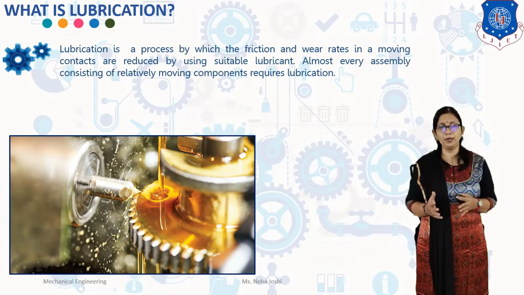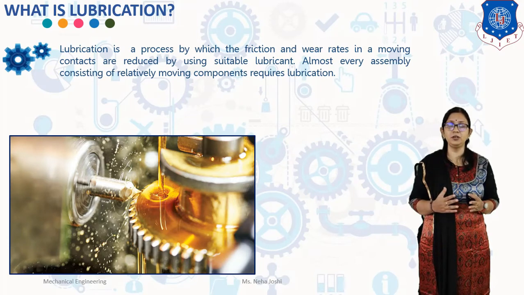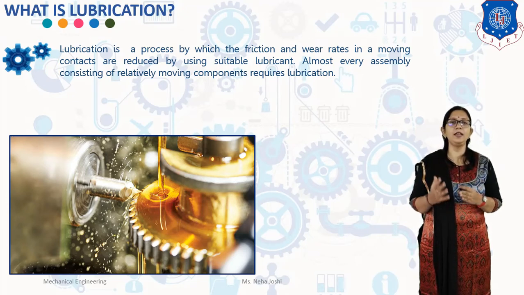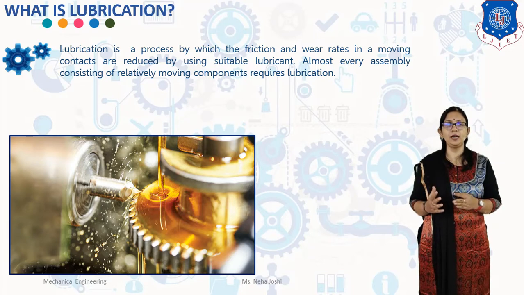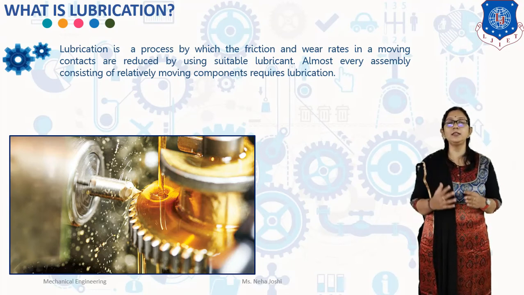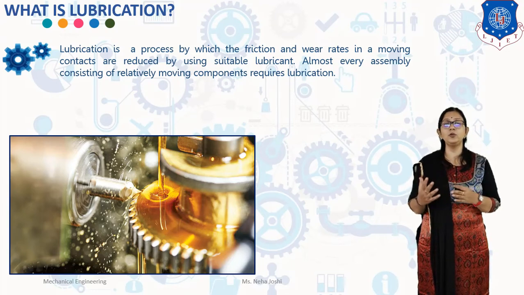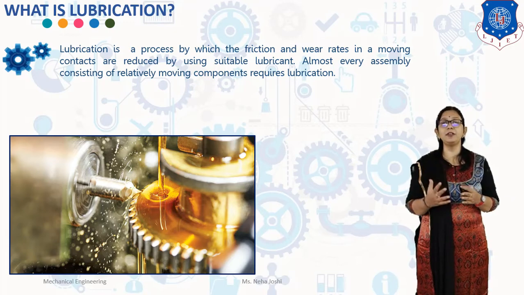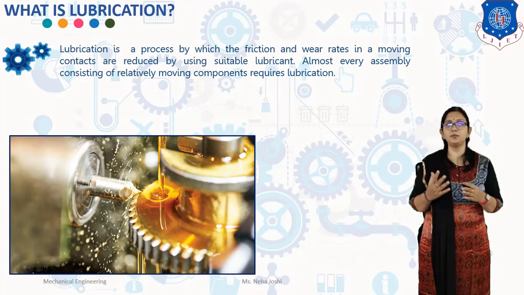Lubrication is a property by which the friction and wear rates in a moving contact are reduced by using a suitable lubricant. Almost every assembly consisting of relatively moving components requires lubrication. It is known since ages that liquid and grease reduce the friction between sliding surfaces by filling the surface cavities and making the surface smoother.